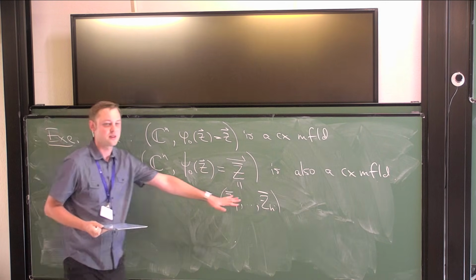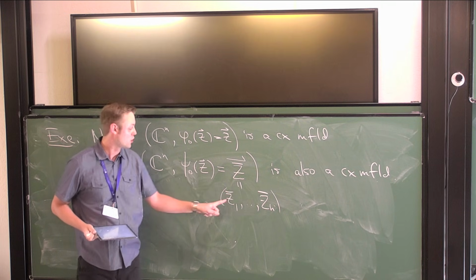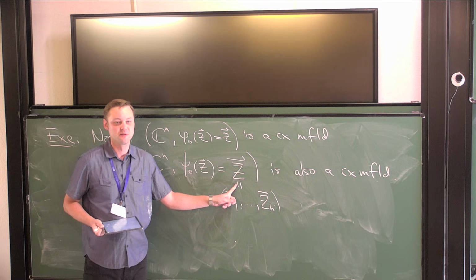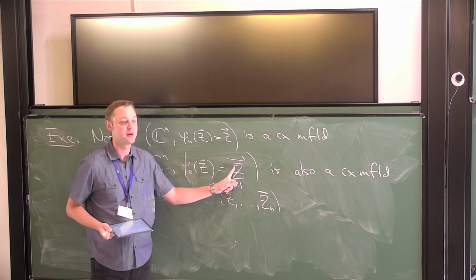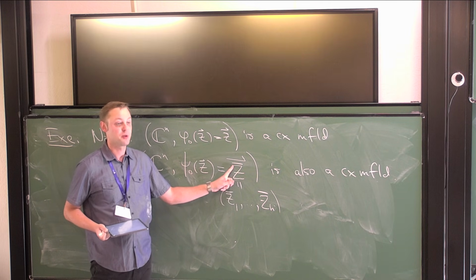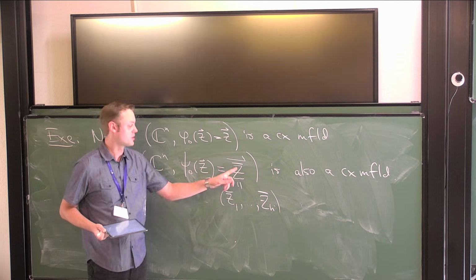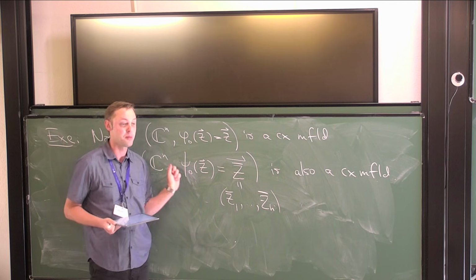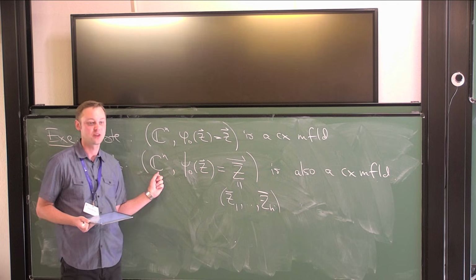Don't get distracted by the fact that I've included complex conjugates. This is still a homeomorphism to C^n. So I can grab the complex structure from C^n, conjugate it, and pull it back, and that's how I'm equipping this copy of C^n with the complex structure.